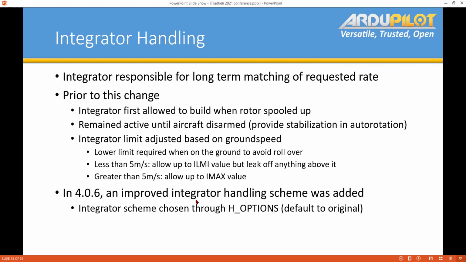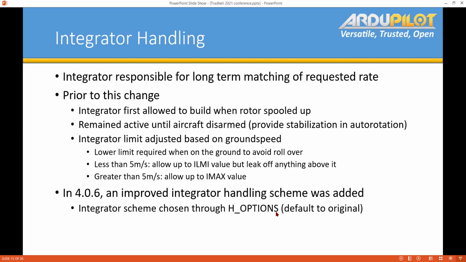So in 4.06, I talked to Leonard a little bit and learned from him how to invoke the multi scheme. And so I did that, and you can now have H options.